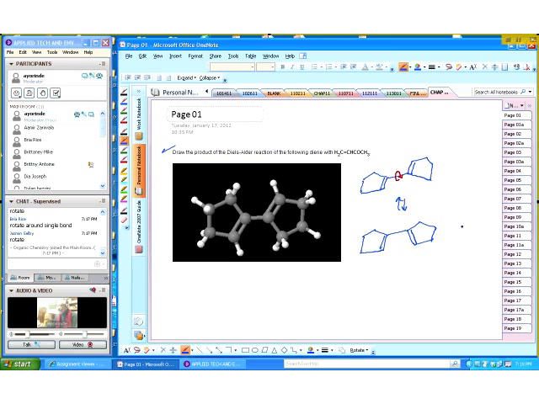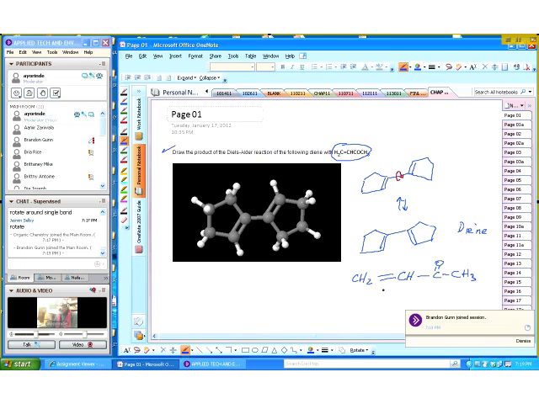So at this point, we have our diene. And then I will now have to introduce the dienophile, which is this molecule here, CH2 attached to the carbon-carbon double bond, and then you have this here.